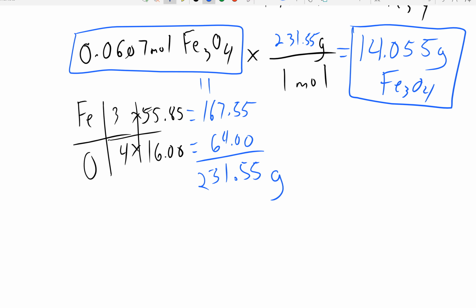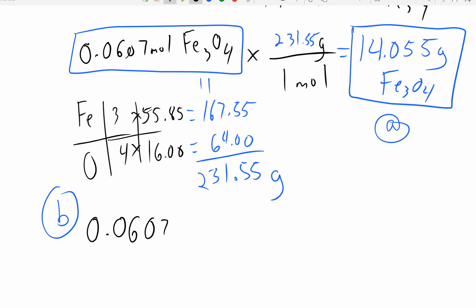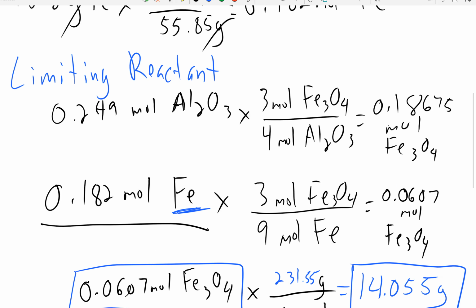Okay. Now, that's the answer for A. Now let's go look at B. And for B, we have to take the moles that we determined our limiting reactant produces of Fe3O4 and figure out how much of the actual excess reagent, which is aluminum trioxide, is used up.